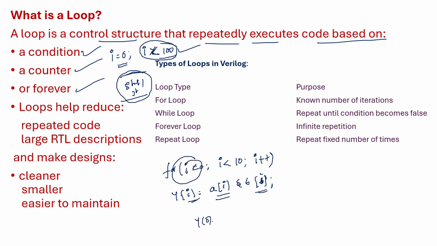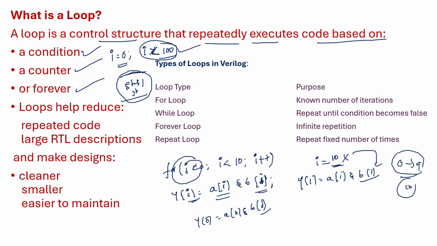That means y of 0 equals a of 0 and b of 0, and then y of 1 equals a of 1 and b of 1. When the i value reaches 10, your loop will be terminated. That means values 0 to 9 are considered, and when you reach the 10th position, the loop terminates. That is the purpose of using the for loop.